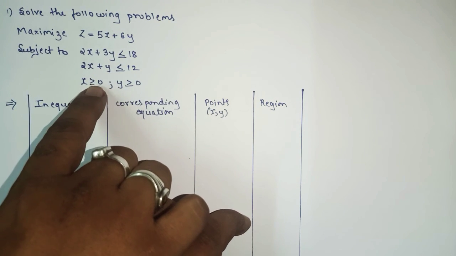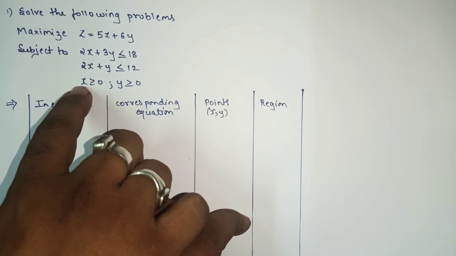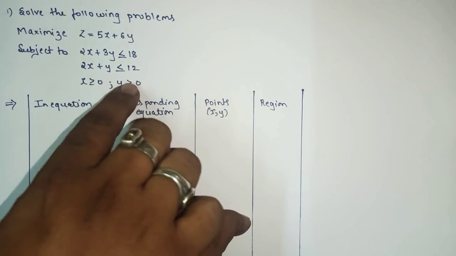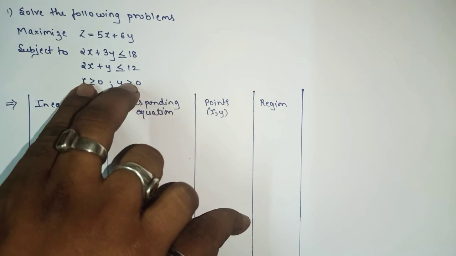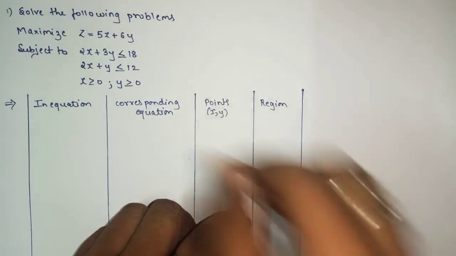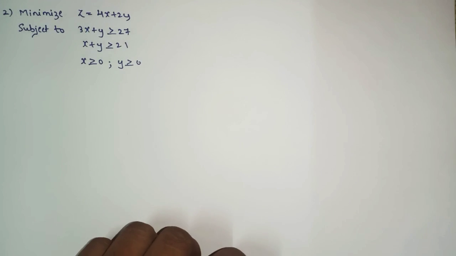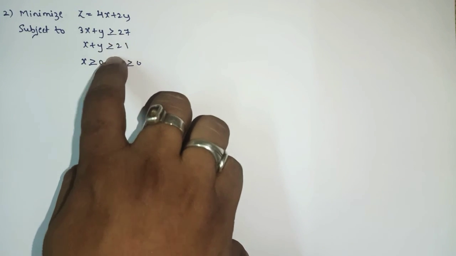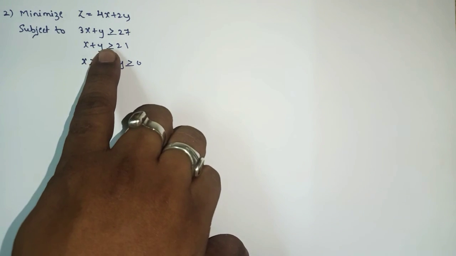Remember, whenever the right hand side contains 0, don't consider this as an equation. Consider this as a condition. These two are the equations. So one based on less than equal to, and one based on greater than equal to.